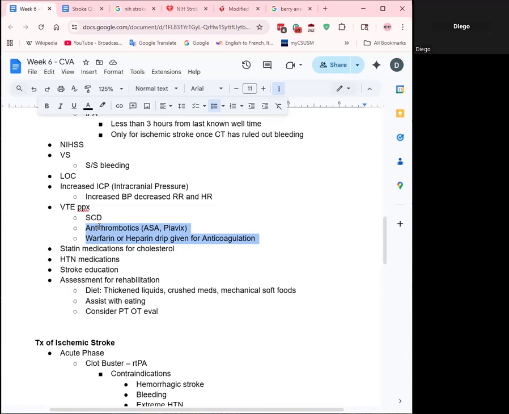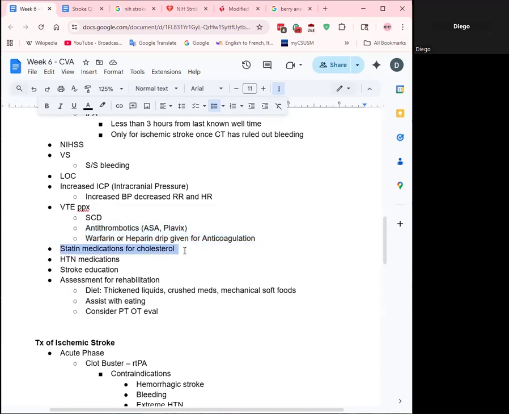So if that's the case, their body might be more likely to develop DVT, due to the body just being in a state where it wants to clot. So SCDs would be appropriate, or TED hose, anything that would be non-pharmacological. We can keep it more localized that way.